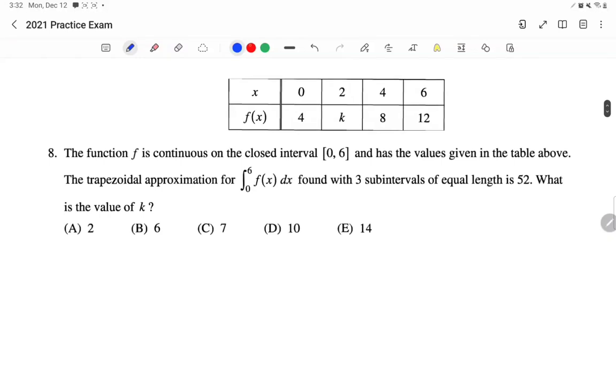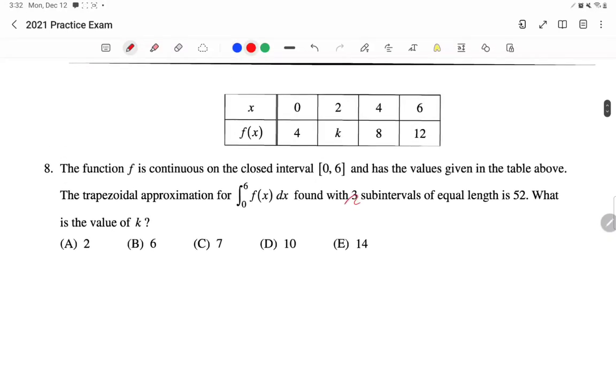All right, next up we have a trapezoidal sum with 3 subintervals, and it says that when we take the trapezoidal approximation, that equals 52, and they want us to find the value of k.